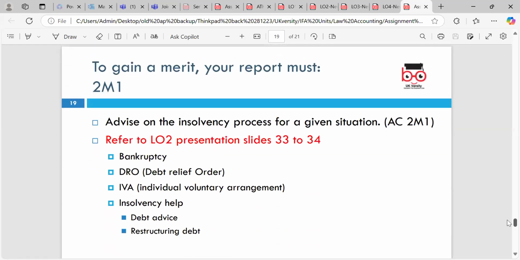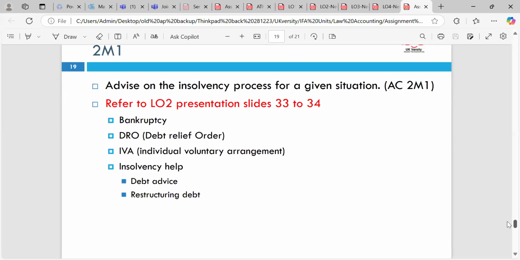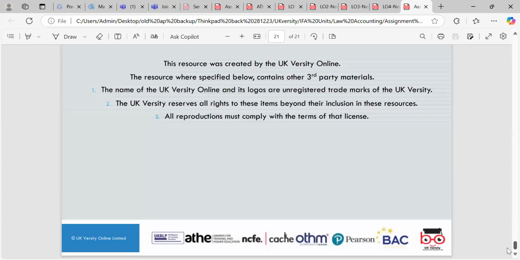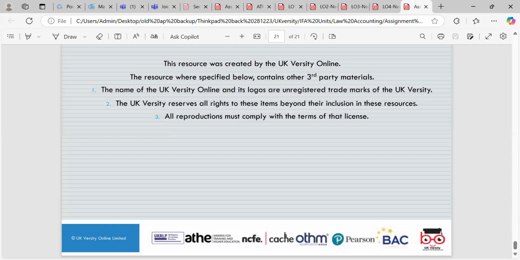To gain a merit in your report, advise on the insolvency process, the given situation, bankruptcy, debt relief orders, and all these key terminologies. If you are discussing one or two, then you're meeting the distinction and merit criteria. So that's what we have been given in the scenario, which we can look around.